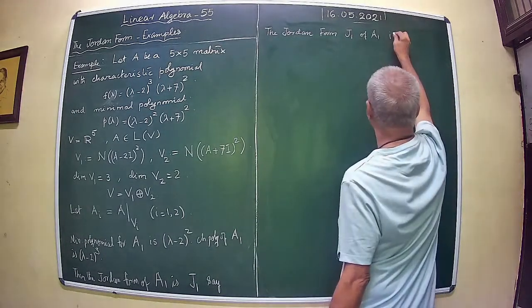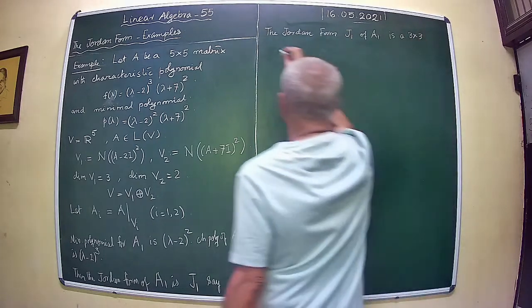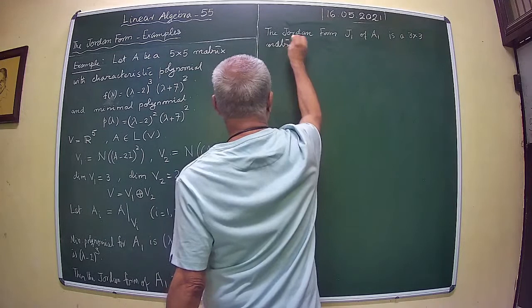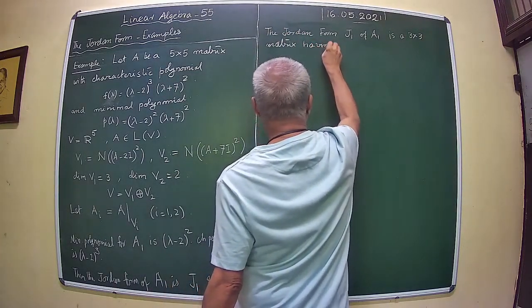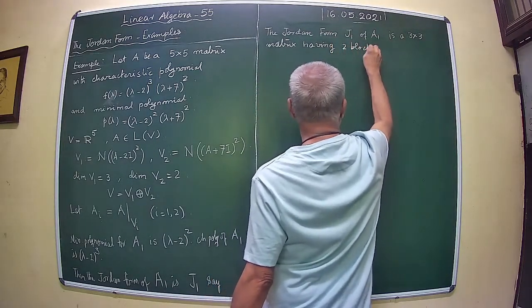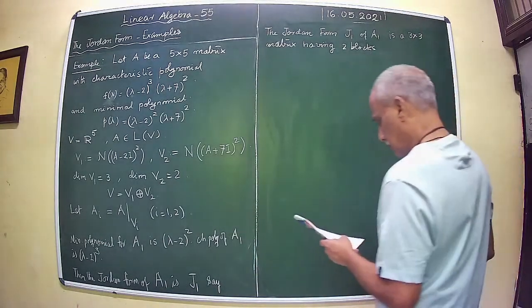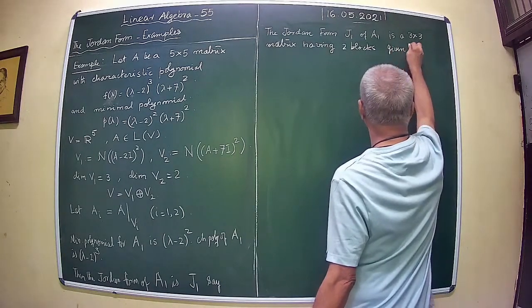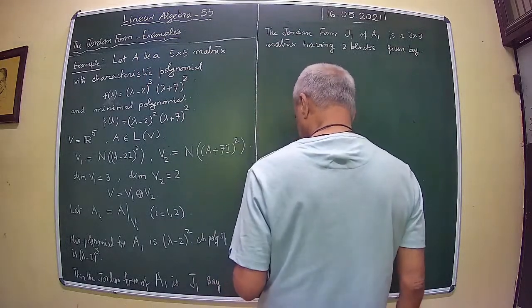It is a 3 by 3 matrix having two blocks, given by, what is it?